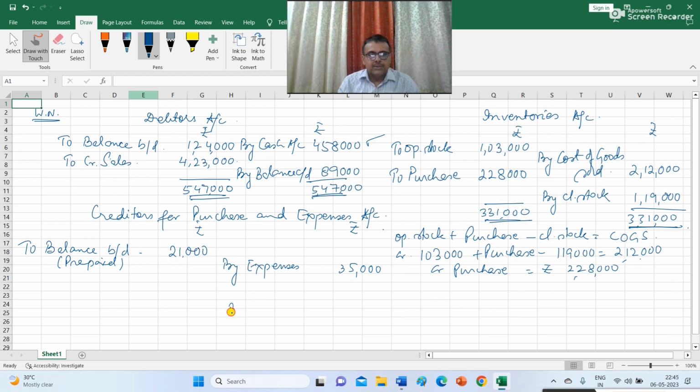And the closing balance is 15,000, which I have written here. And the purchase amount that I have calculated from the inventories ledger will be posted in the creditors for purchase and expenses on the credit side as by purchase account, 2,28,000.